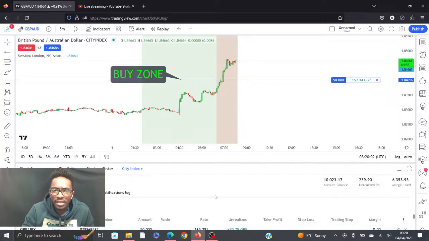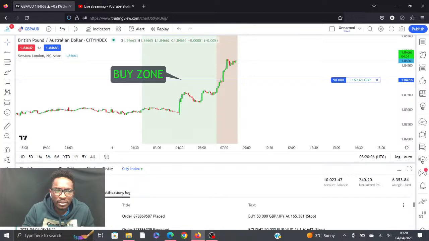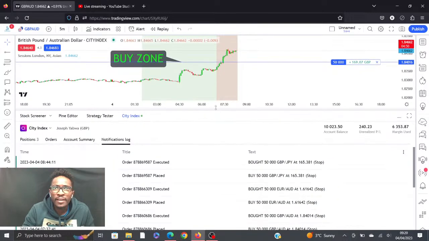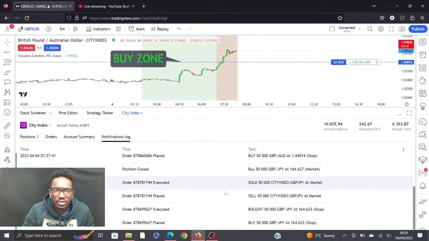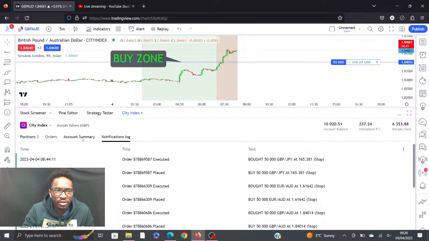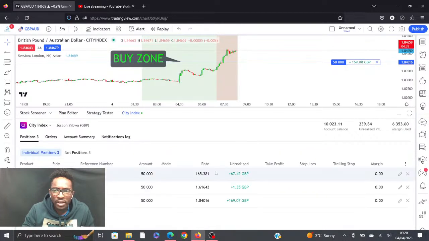Same as yesterday. The trade yesterday ended up being a losing trade. If I go over here, you can see, I don't know if you guys did join me yesterday, the pound yen trade that I placed yesterday ended up being a losing trade. It started with a 10,000 account balance, and I lost about 200 on the pound yen trade yesterday.